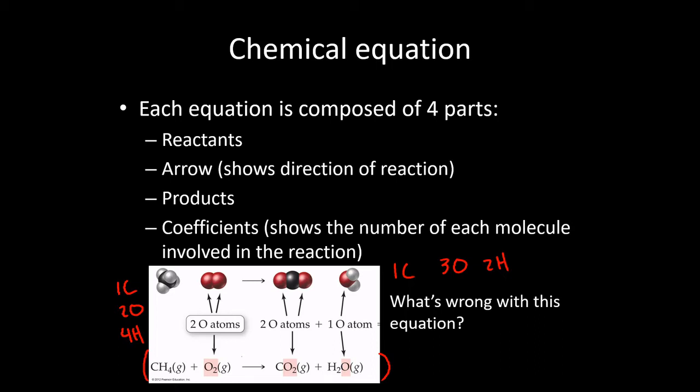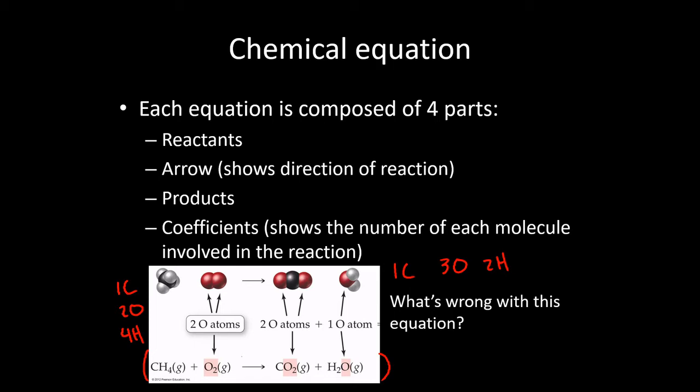And by equal amounts, I don't just mean the total number of atoms. I mean the total number and kind of atoms. We have to have the same number of each individual element on each side of the chemical reaction. Otherwise, we are lying, because you can't create or destroy matter with a chemical reaction.